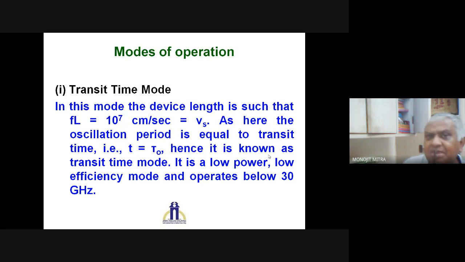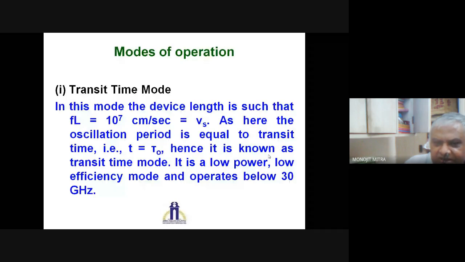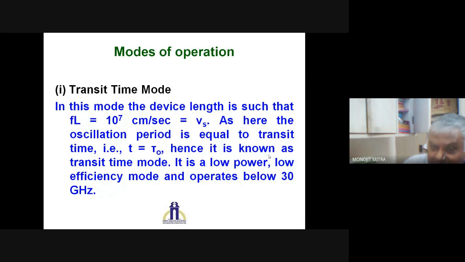Now you can ask me, sir, whether electrons can move with a velocity lower or higher than the transit time? Yes, I'm coming into that. Not by the normal mechanism. When the electron moves with a time greater than the transit time, that means the velocity is less, and only then will it take more time.